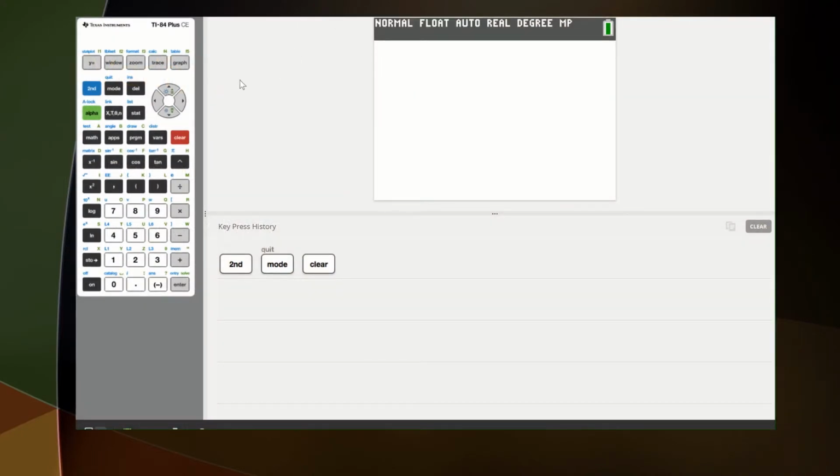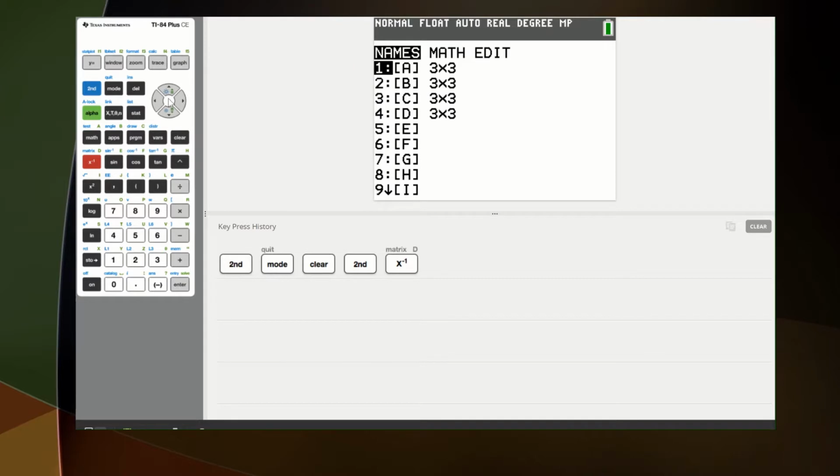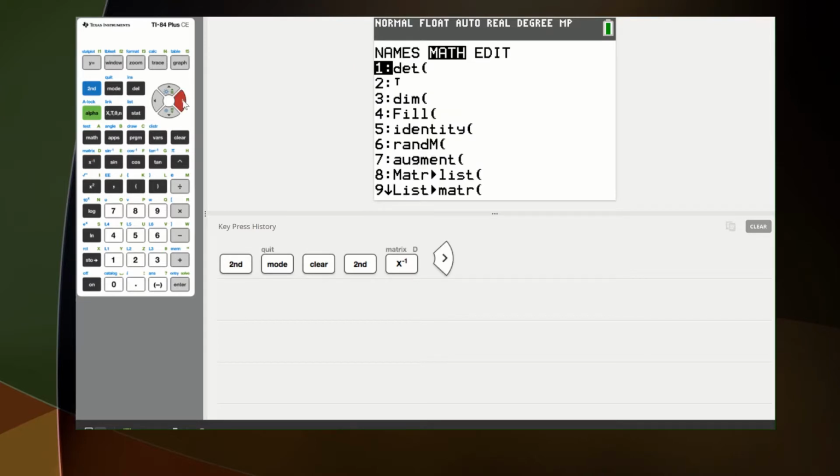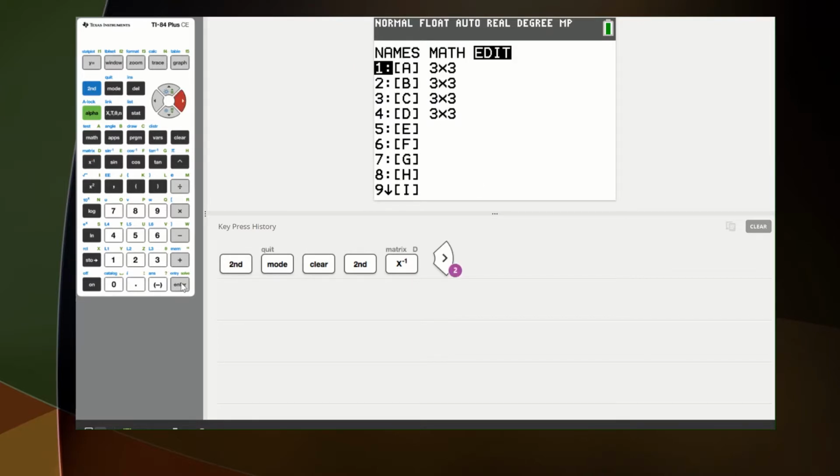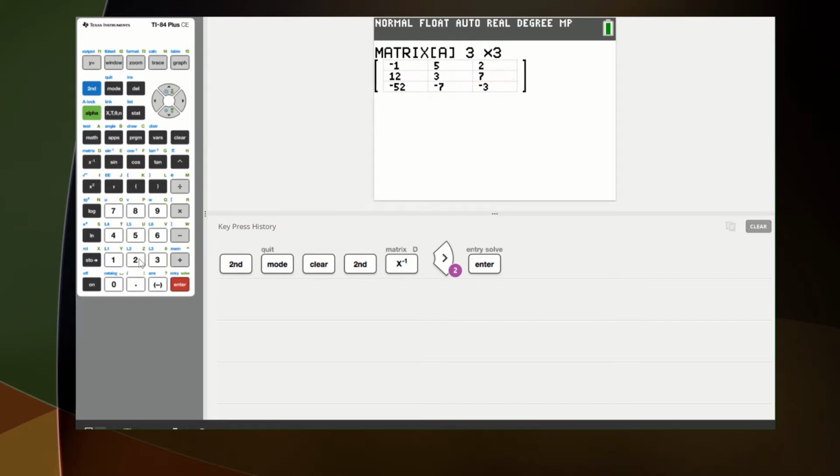Well, here we are on our calculator, and thank God I've got a calculator. If you don't have one, you're in big trouble. All right, so I'm going to first build the two matrices that we saw, x and y. So I'm going to go to second matrix. We're going to edit matrix A first. Now, matrix A that I'm working with is a 2 by 2, so I need to change the dimensions to a 2 by 2 matrix.